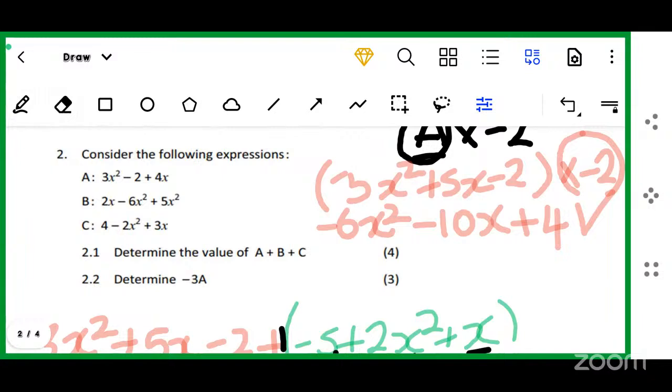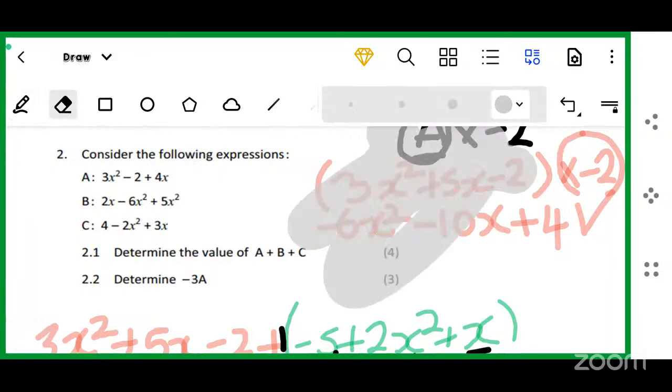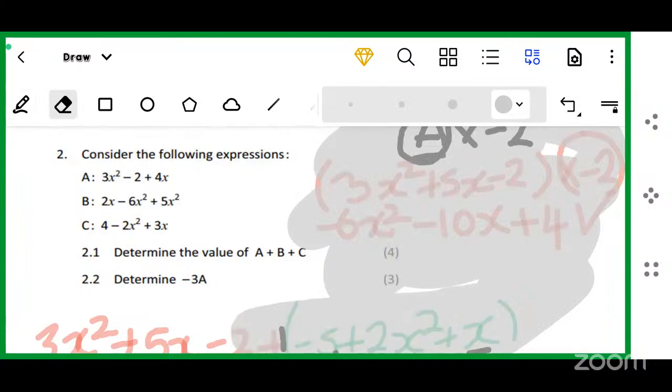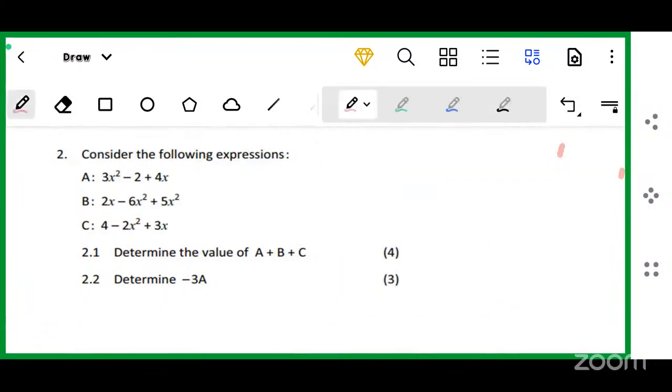So what you're going to do here is the same thing. Let me just clear my space here so that I don't have any disturbance.